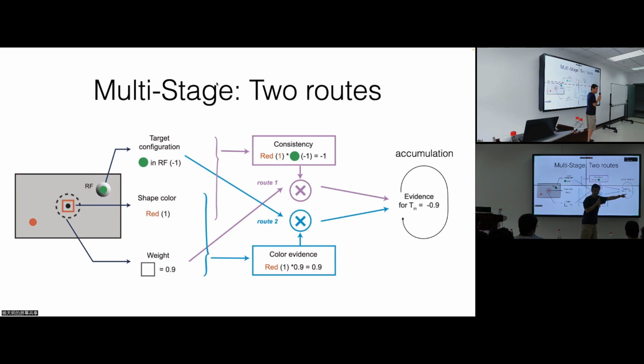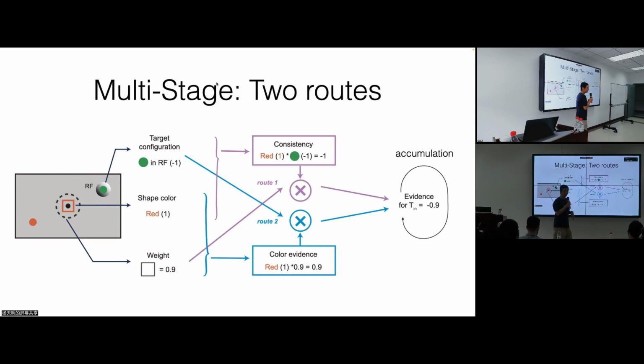So now the evidence is negative, right? So we have to first compute this together into the evidence that can actually be accumulated. And any of these two things cannot be accumulated directly. So you need to assemble the evidence first for accumulation.